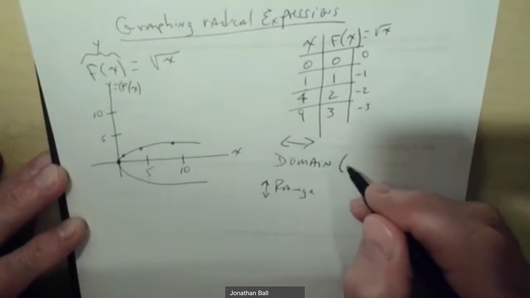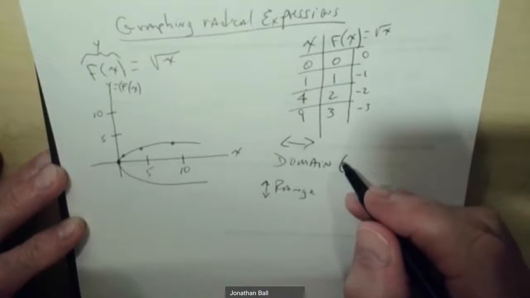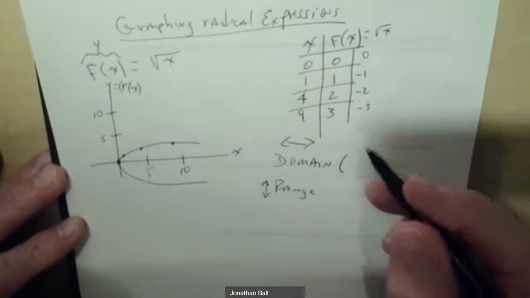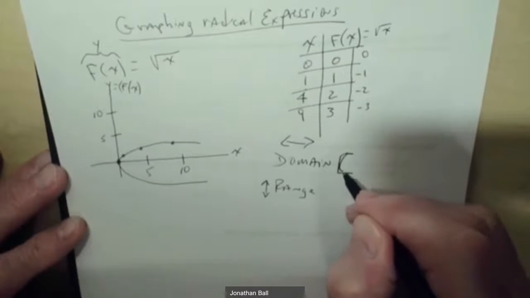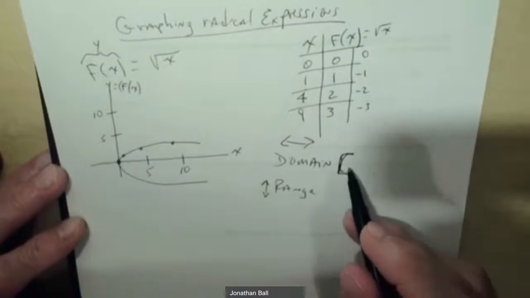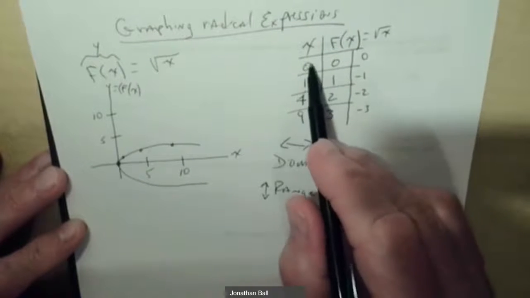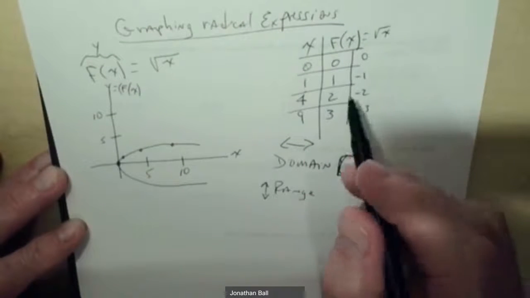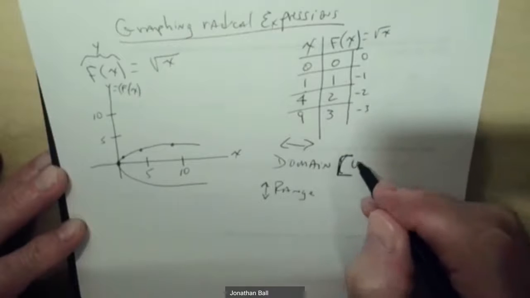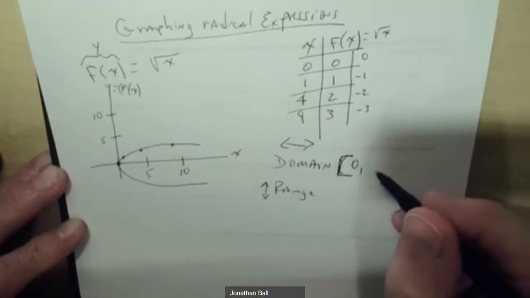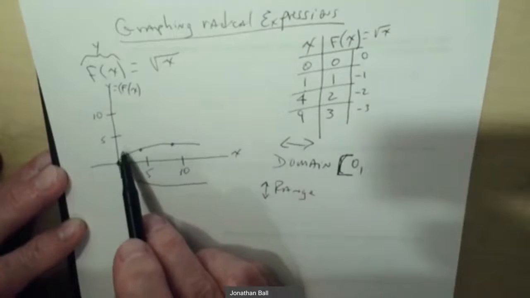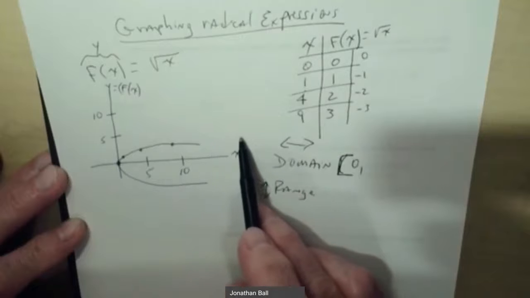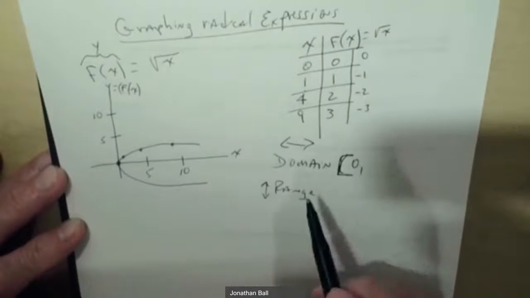So the domain does not include 0, or does it? Yeah, it does too. Sorry. I'll do better. It does include 0 because the square root of 0 is 0. So it includes the 0. Now where does it end? Now remember, domain is this way. Where does it end over here? It does not.